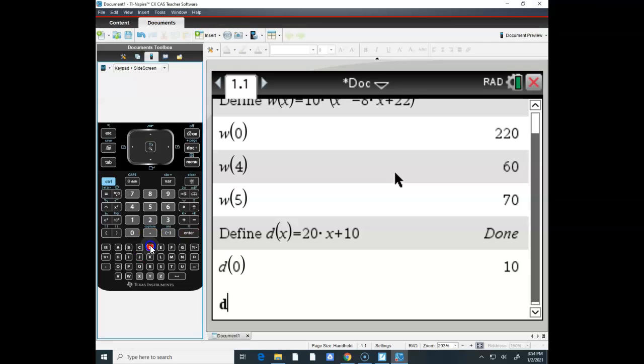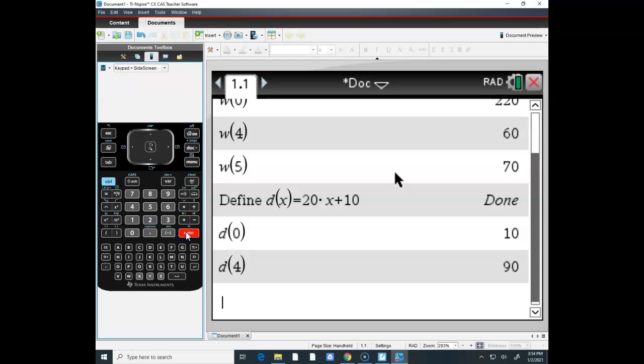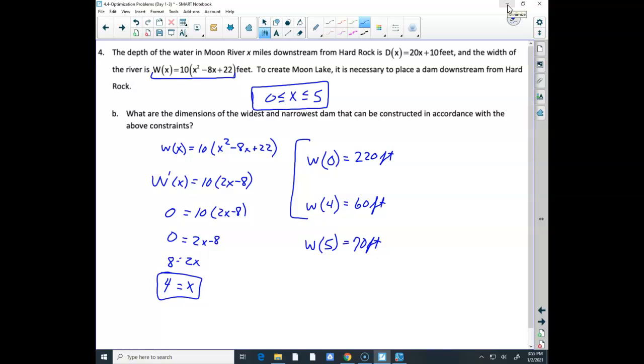And I also need to know the depth of the river 4 miles down. So remember, that's the depth of the river. We need to be 20 feet above that. So my dam needs to be 30 feet tall here and 110 feet tall 4 miles down the road. So at 0, it's going to be 220 feet wide by 30 feet tall.